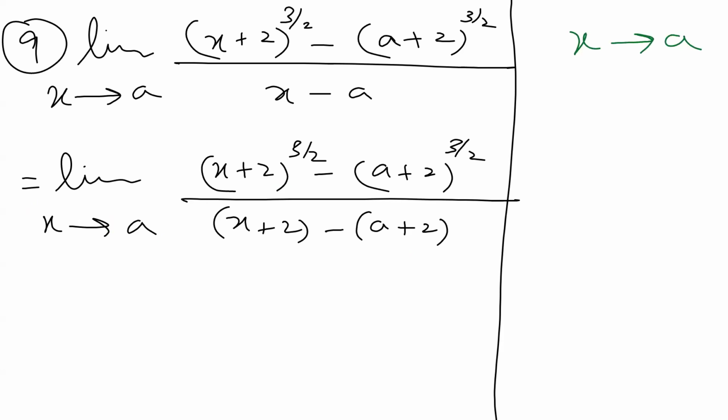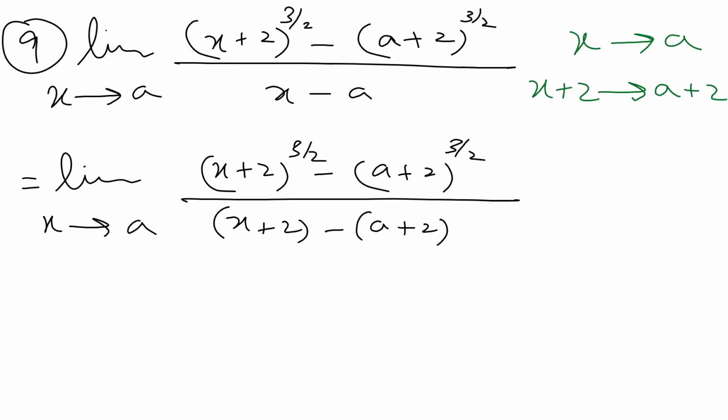Now x approaches a, adding 2 on both the sides. So if x is approaching a, x plus 2 will approach a plus 2. Does it make sense? And this should be mentioned, otherwise your teachers will not give you marks. Whether you like it or not, you should mention this.